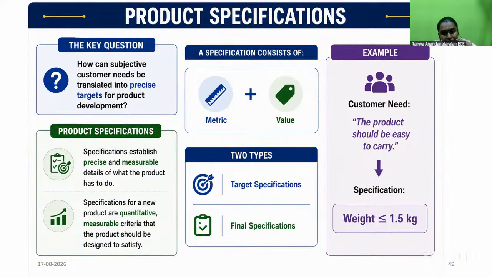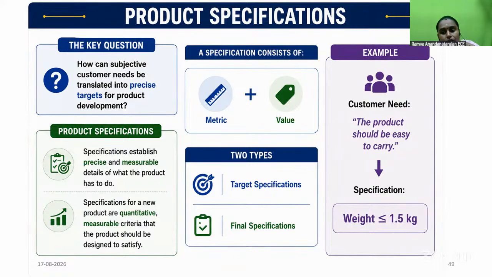You have to mention the metric, weight, and you have to mention the value. So here it's a combination of metric and value. The metric is weight and the value is 1.5 kg. So weight less than or equal to 1.5 kg is acceptable for the product. The product should be easy to carry is the customer need. Weight less than or equal to 1.5 kg is the specification. So we understood the needs only for forming the product specification so that we can go for a design.